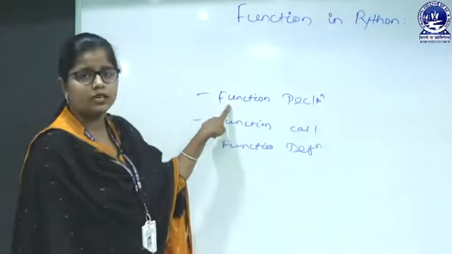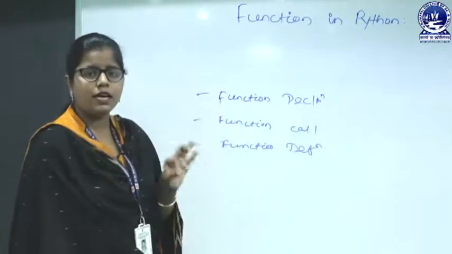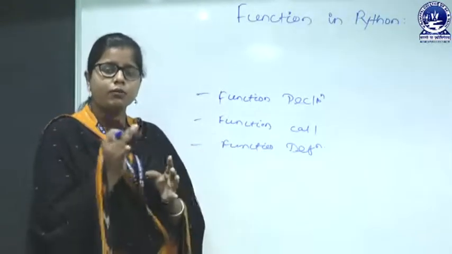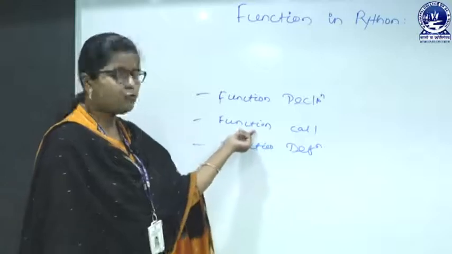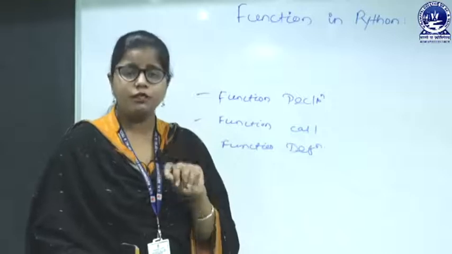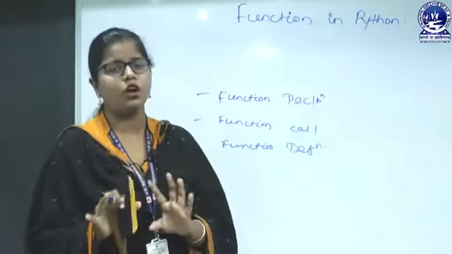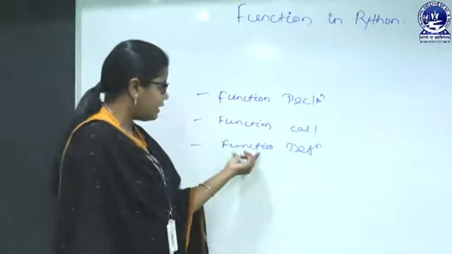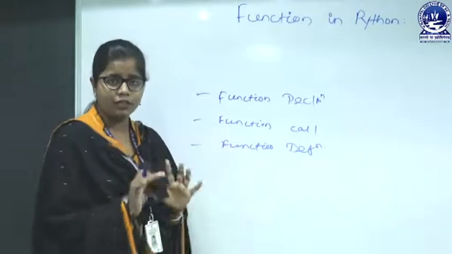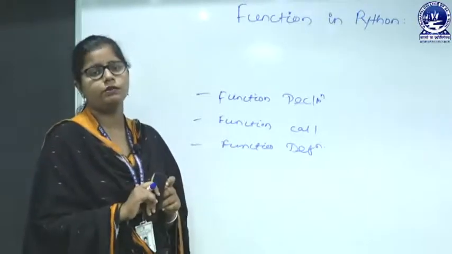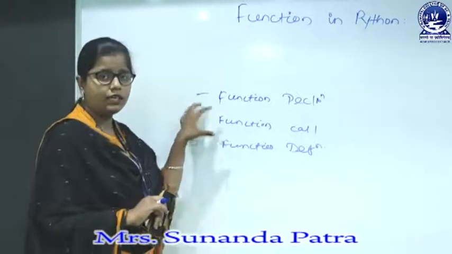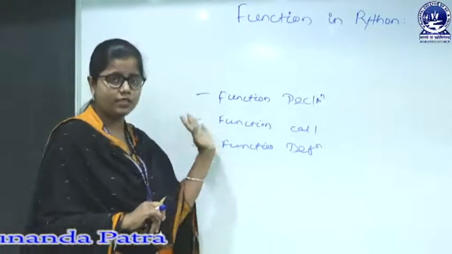In function declaration, we have to mention which type of function it is, what the return type is, and what arguments the function can take. In function call, we are explicitly calling that function. The function will be executed only when it is called by a calling function. Then the function definition, the function body, is where we define what the work of that function is, what that function should do. These are the three different sections which we covered in C language.